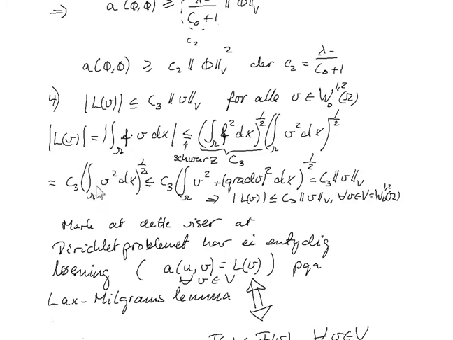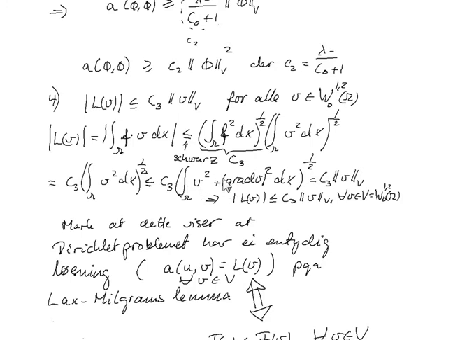But as we see, this is not the norm of v here. So we have to add the gradient of v onto this integral, the integral of the square of the gradient of v. And this is no problem because it's, of course, a larger number. The inequality goes in the right direction.